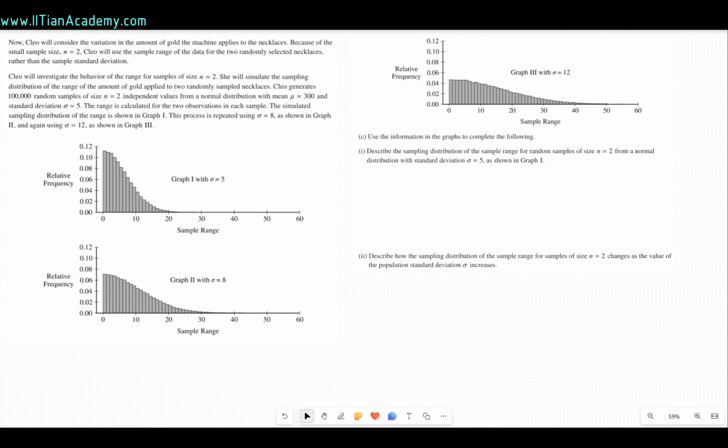So in part 1, we need to describe the sampling distribution of the sample range for random samples of size n equals 2 from a normal distribution with a standard deviation of 5. So what we can say here is that it is skewed right. So we have this kind of shape. It's very flat on the right side. So it is skewed right.